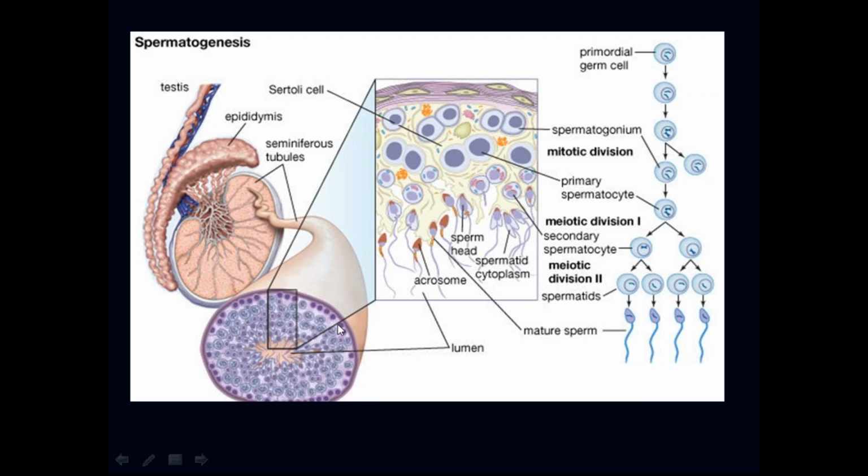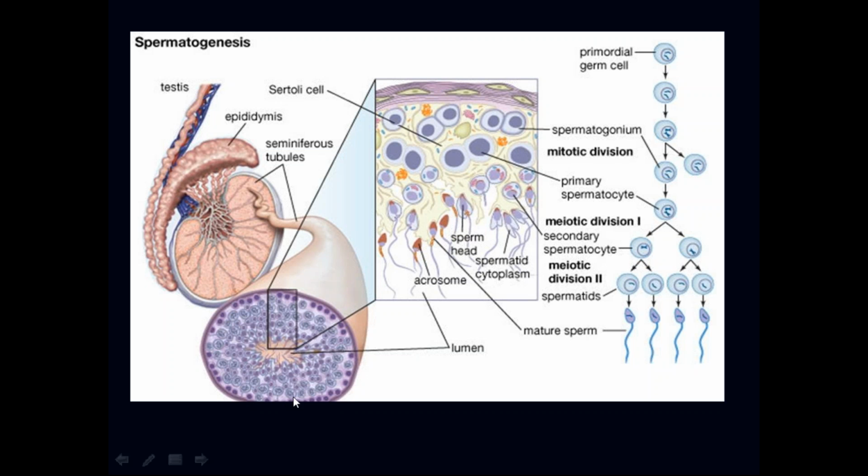So here on the peripheral area of the lining of the seminiferous tubules, we have the spermatogonias. And the spermatogonias are actually cells that are going to create and mature spermatozoids.